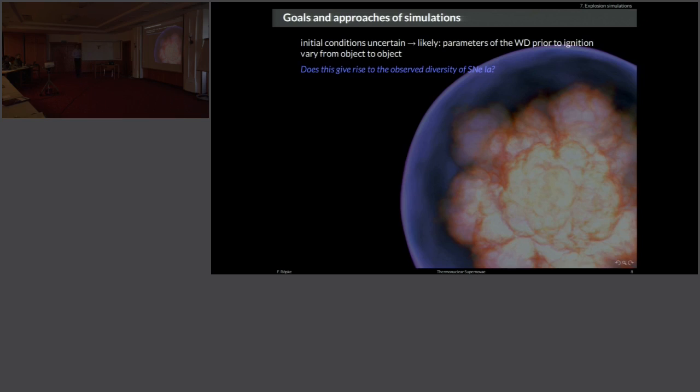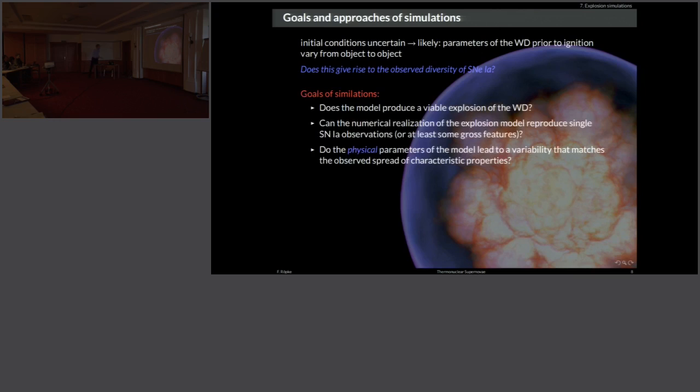That, of course, depends on the mechanism you study, and each of these mechanisms has its own physical parameters, and with numerical simulations you try to vary these and see whether you actually get something that looks like the observational trend. So therefore the goals are, first of all, looking into a specific scenario with numerical simulations, to determine whether this model produces a viable explosion at all.